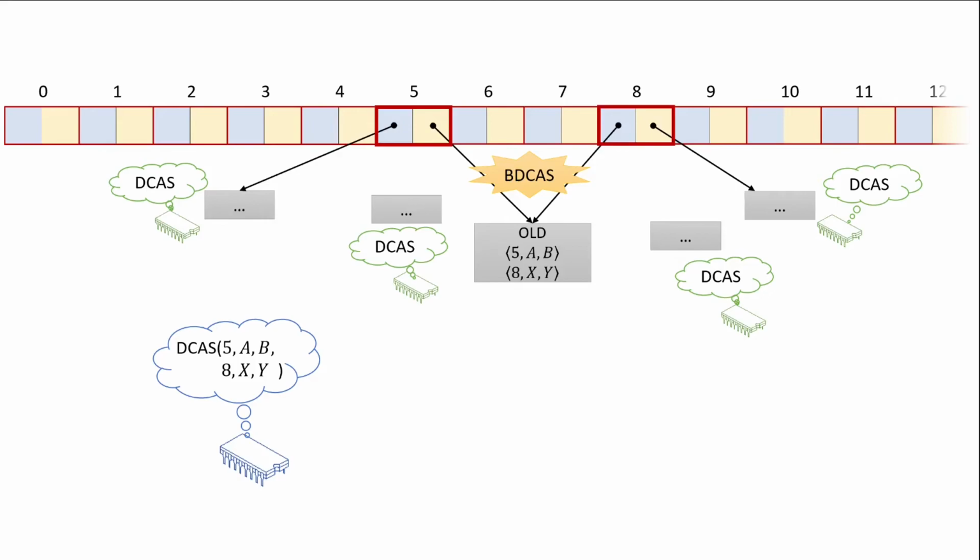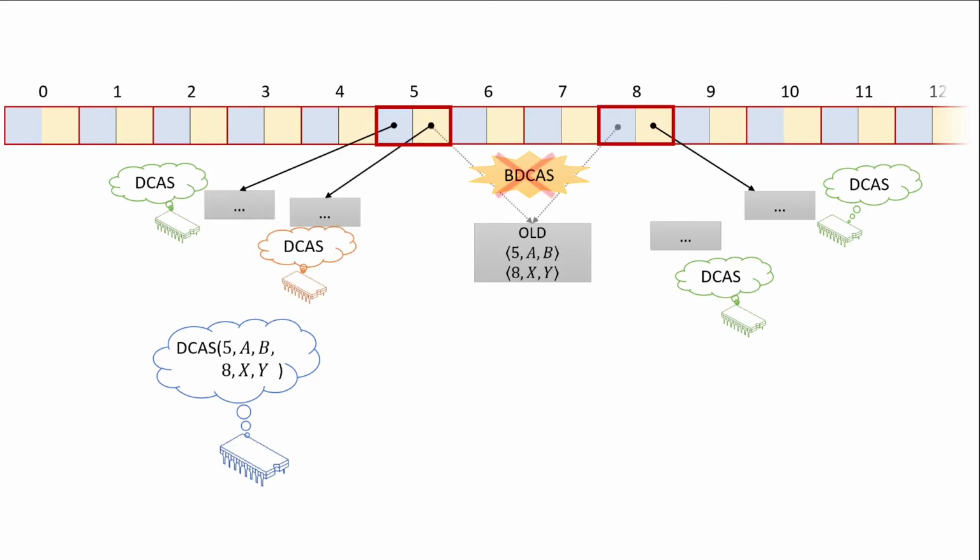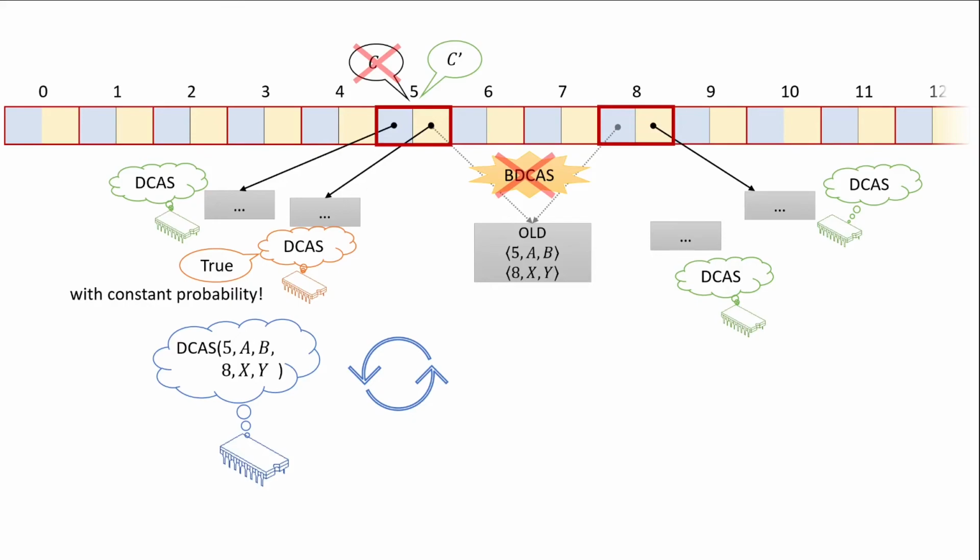The DCAS operation may fail, because in the meantime some other process may have attached its own descriptor. If that happens, we have to start our DCAS operation over. Our algorithm guarantees that if a descriptor gets attached anywhere, then the corresponding DCAS operation is successful with constant probability, and thus changes the interpreted value of an array entry.